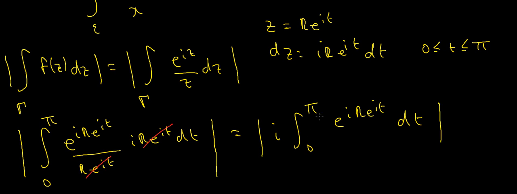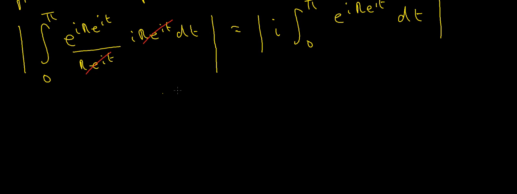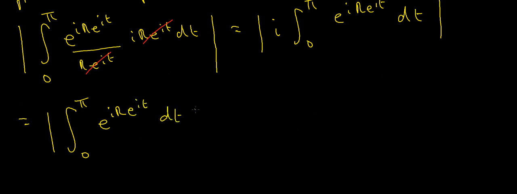And since i has modulus 1, I can just get rid of it. So this is exactly the same as the modulus of the integral from 0 to pi of e to the i r e to the it dt.